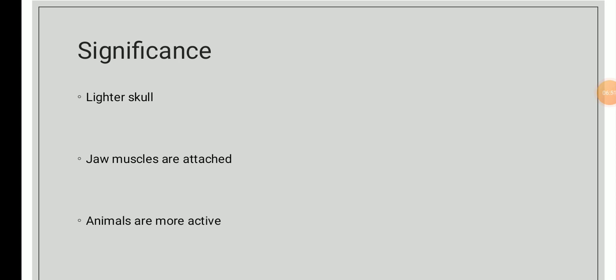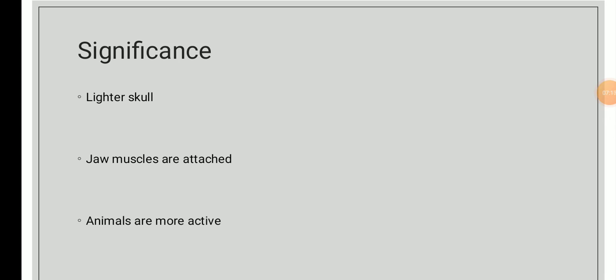To understand the significance of this kind of vacuity in a skull, first we need to understand the organisms which do not have this type of fossae. The organism which doesn't have temporal fossae in their skull will have a very heavy skull.